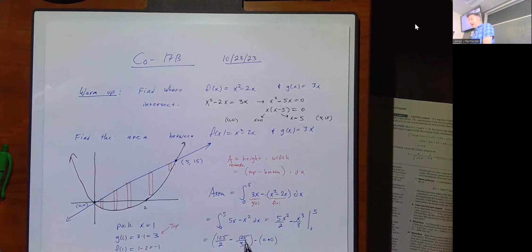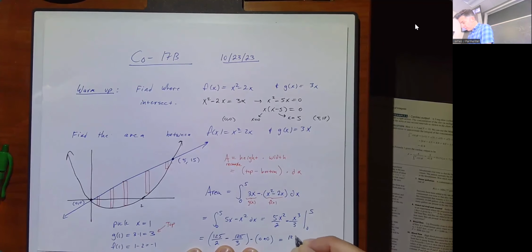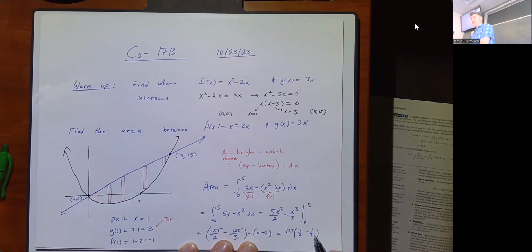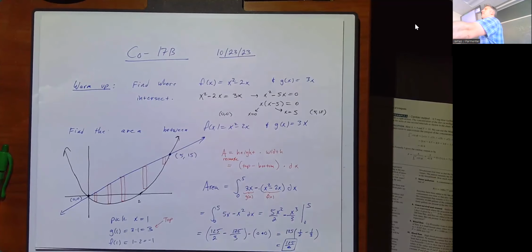And we can totally factor out 125 from both of these fractions, which is kind of a nice trick, and write this as 125 times (1/2 minus 1/3). 1/2 is 3/6, 1/3 is 2/6. And 125 times 1/6 is going to be 125/6. You start picking fractions and have 6 on the bottom.